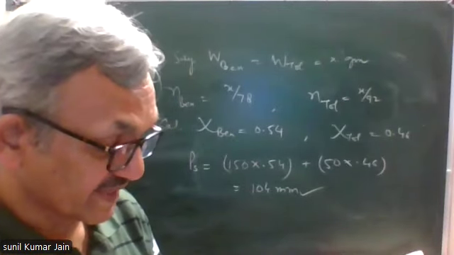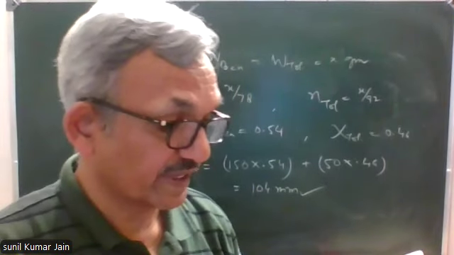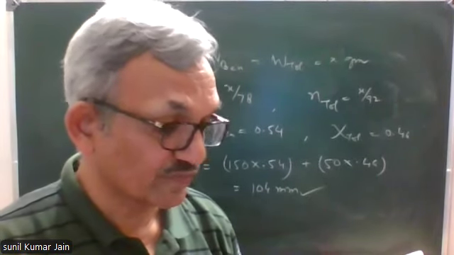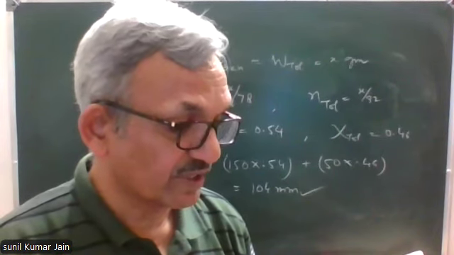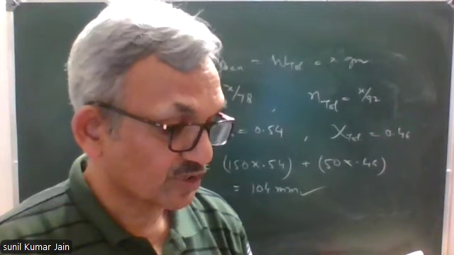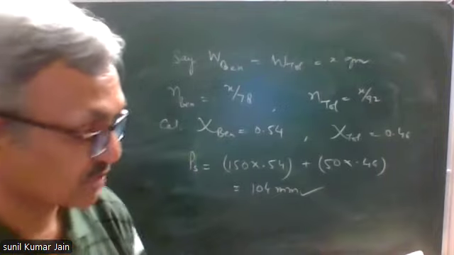Next, numerical number 6. Calculate the mass of benzene that should be added to a solution containing 1 mole of benzene and 2 moles of toluene so as to increase the vapor pressure of solution by 30 millimeters. Vapor pressures of pure benzene and toluene are 150 and 60 millimeters respectively. See.